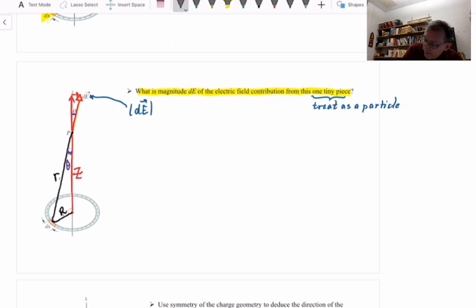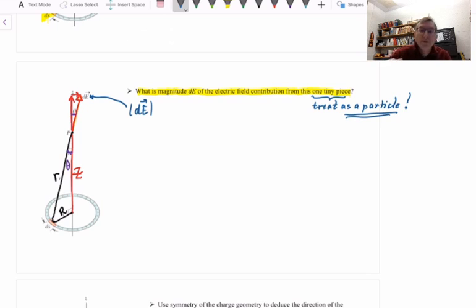Boy, is that an important point. Now, do you see why it's okay? I was just going on and on a few minutes ago about why you can't treat the ring as a particle. You see why what I'm doing here is not the same? I'm looking at that one little highlighted piece. And it's so tiny in size, by golly, that's a particle.